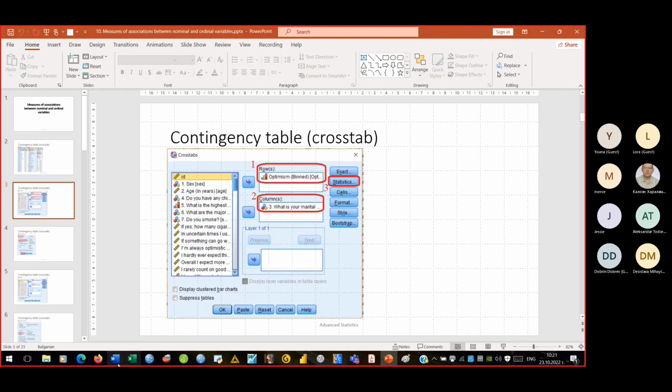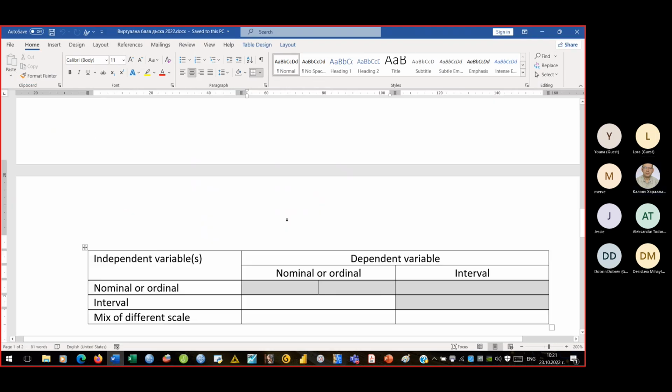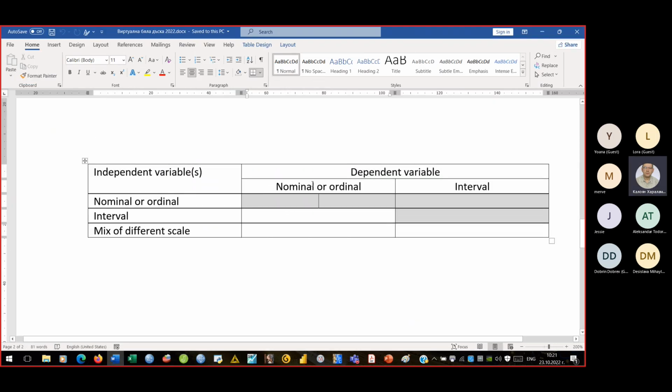However, if the independent variable is nominal, it cannot increase. Only if the independent variable is ordinal, only then it can increase, and only then we can analyze the direction of the relation.